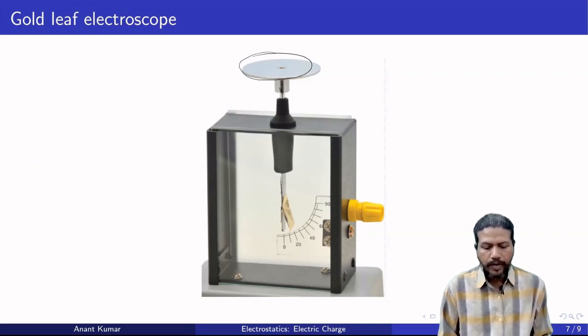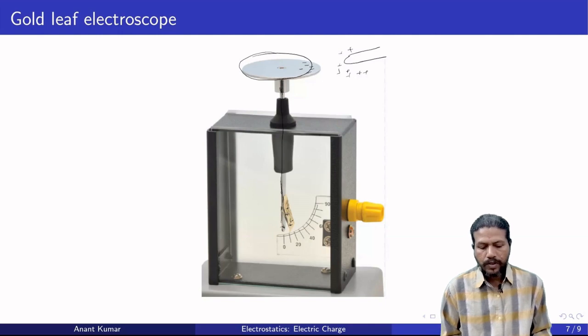The idea is that if I bring something charged and touch it, or even if I do not touch it, for example, let us say we have brought in a positively charged glass rod without touching, this glass rod is going to pull the negative charges of the metal disc near itself, as a result of which the residual positive charge goes away onto the metal rod and the gold foil as well.